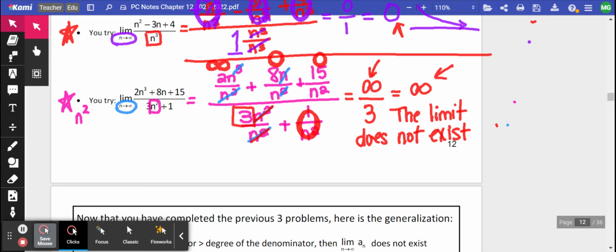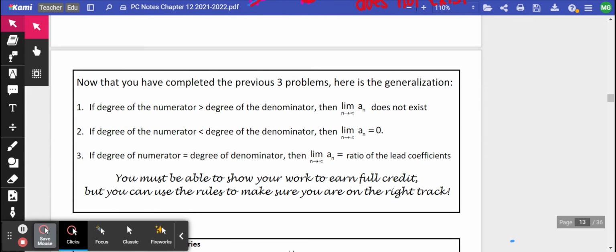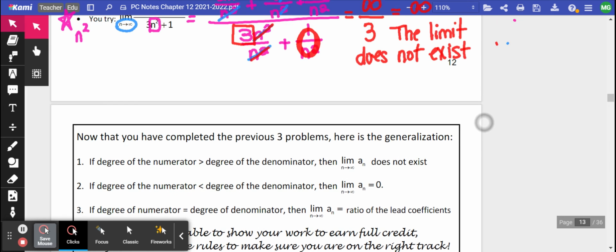That's exactly what happened earlier. If the degree of the numerator is less than the degree of the denominator, then the limit will approach 0. The limit will equal 0.